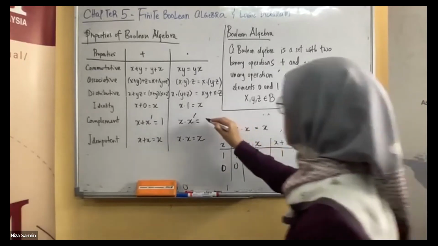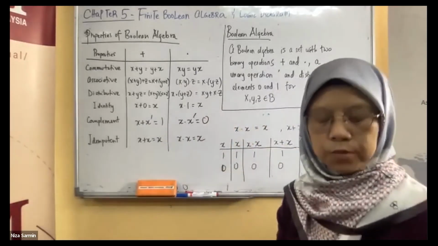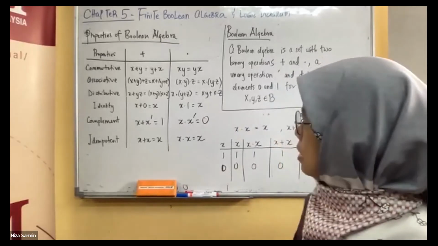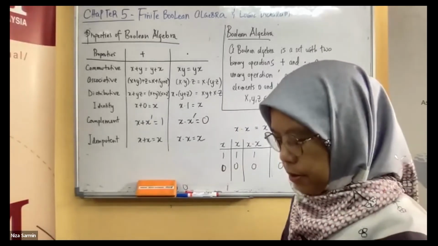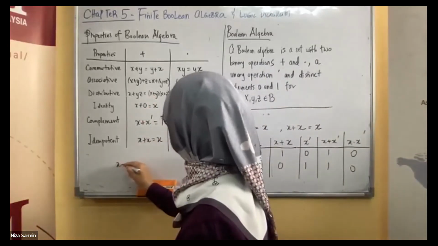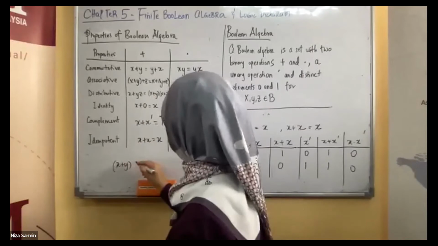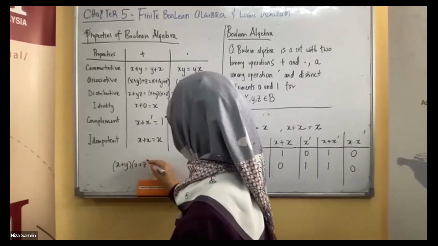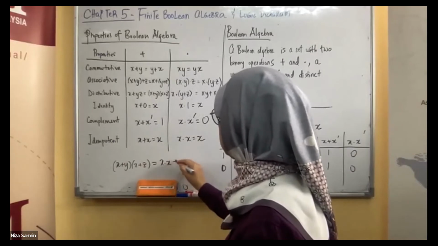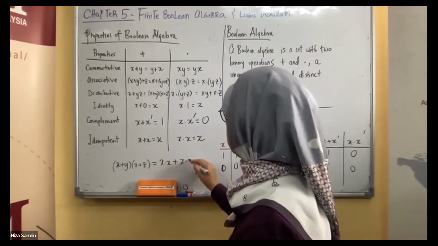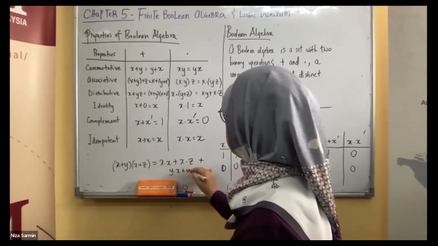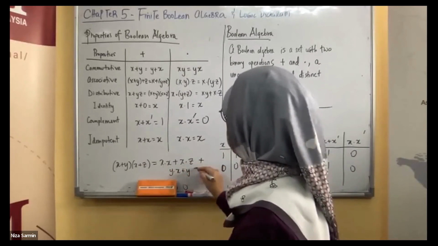So, okay, we have the complete properties of Boolean algebra. You can check this. Sometimes x times x plus x times z plus y times x plus y times z.